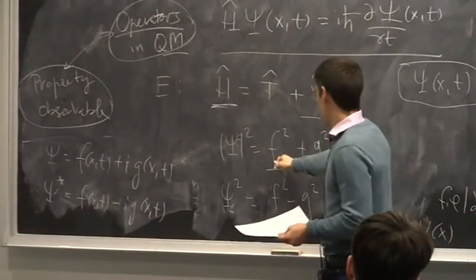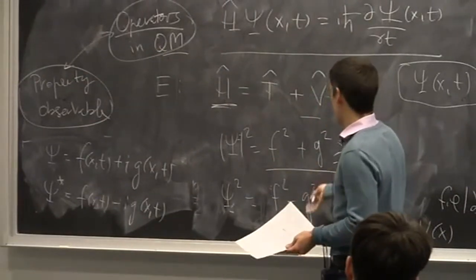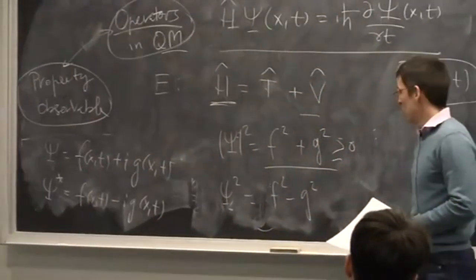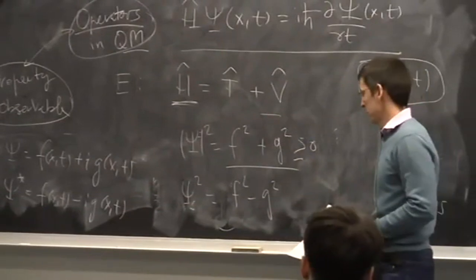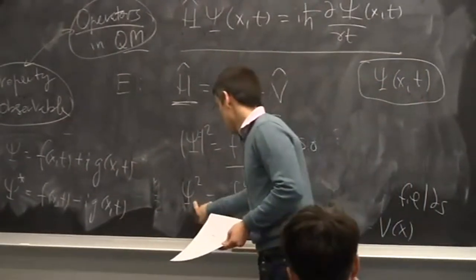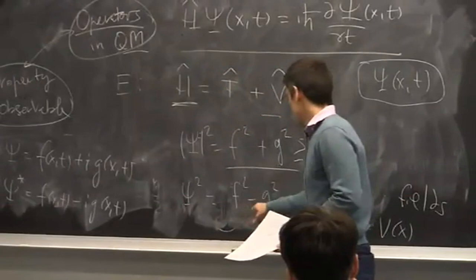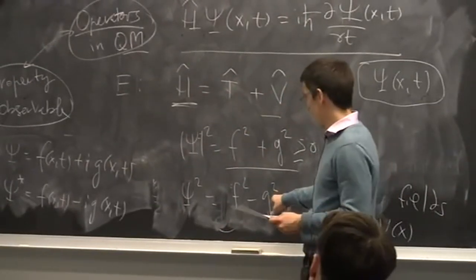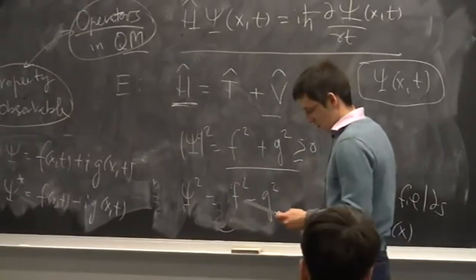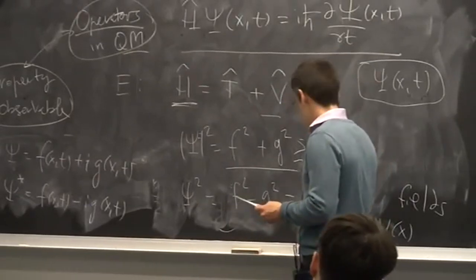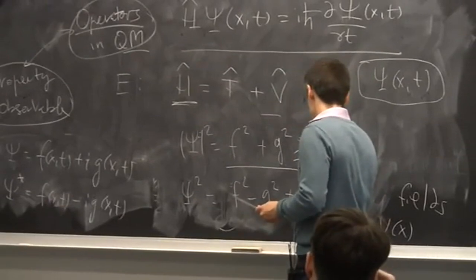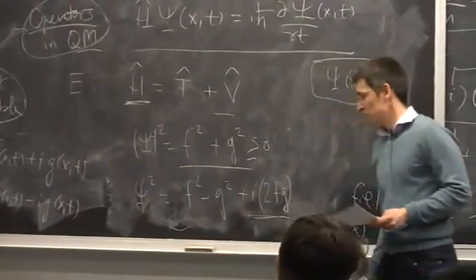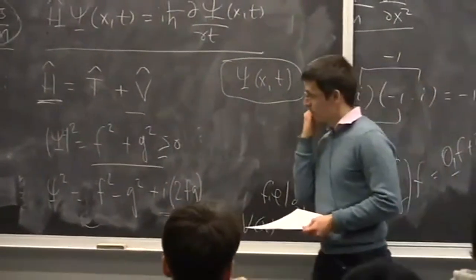Because no matter what f and g are as functions, they are real functions, and if you square real functions, the squares will always be positive, right? But if you do the square of the function, then first of all you don't have positive, but you have negative minus g squared, and so g squared can overpower f squared in some regions, and also you have the complex part 2fg, right? So that's another unpleasant part of the normal square.